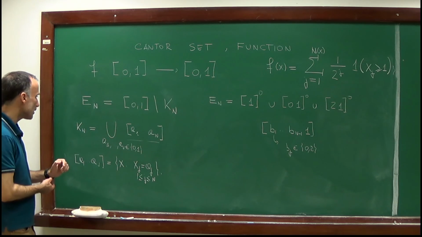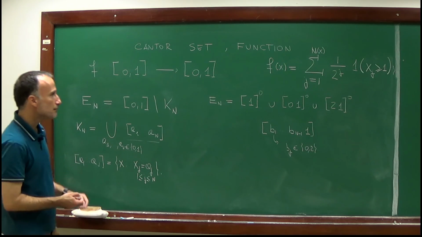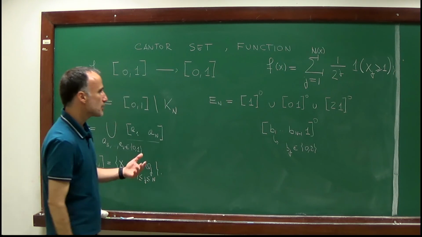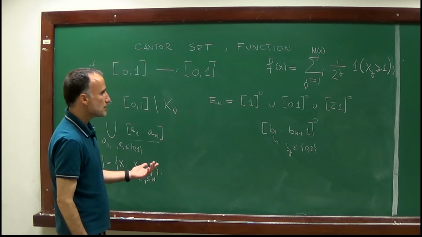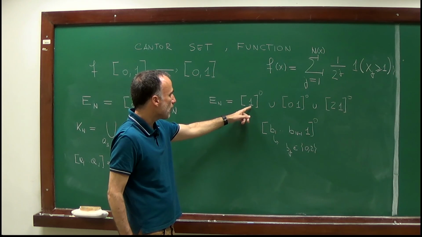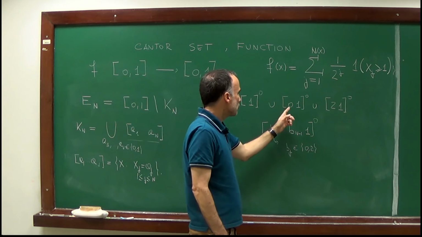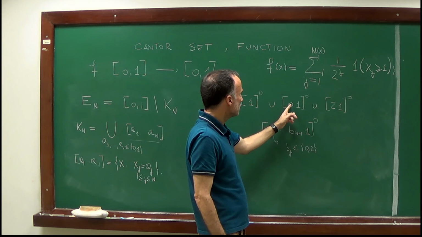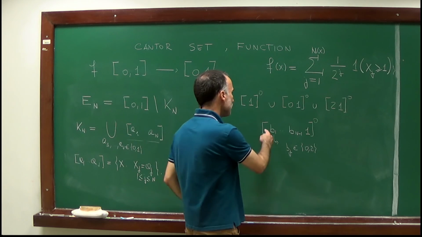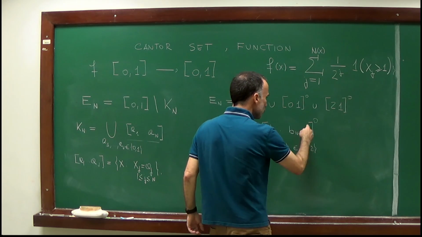I leave to you to check that the set E_n can be represented in terms of these expansions as these sets: all points whose first digit is a 1, all points whose first digit is a 0 or a 2 and then a 1, all points with the first n minus 1 digits being 0s or 2s and then a 1.